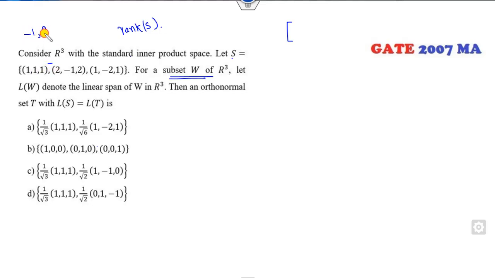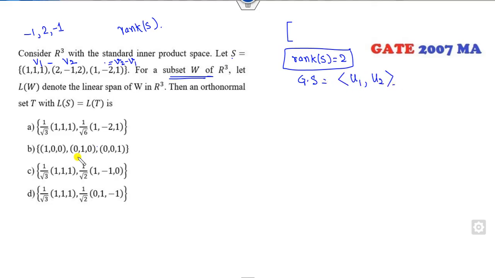It's minus 1, 2, minus 1, which is the same as this apart from the negative sign. So what is the meaning of that? This vector can be written as v2 minus v1. So the rank of this S is 2. So in the Gram-Schmidt process there are only 2 elements, u1 and u2. So this option will be cancelled.